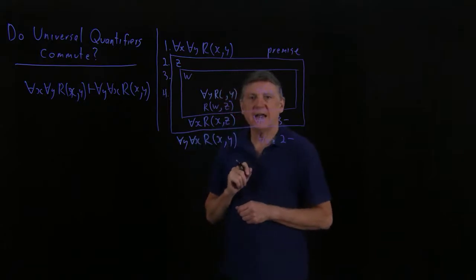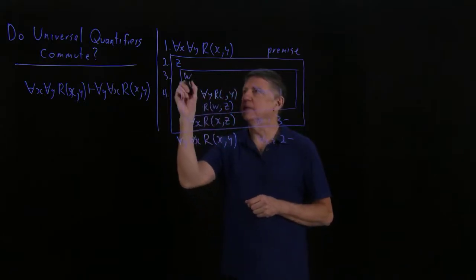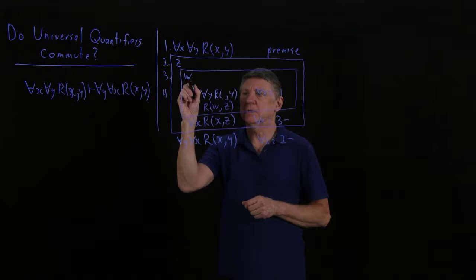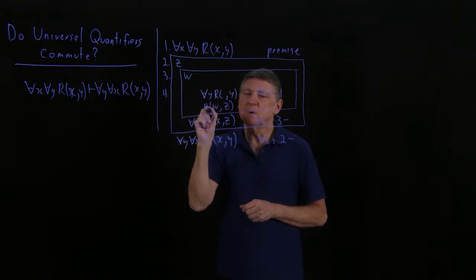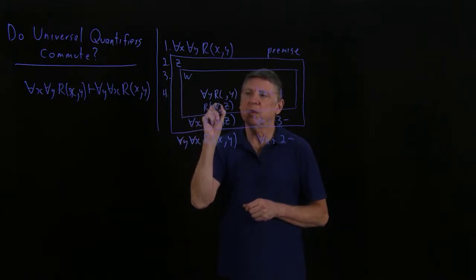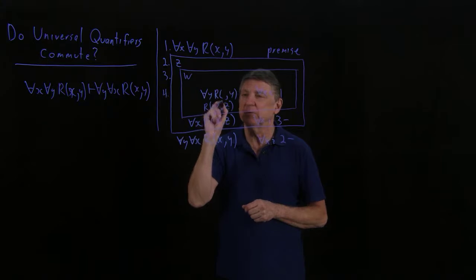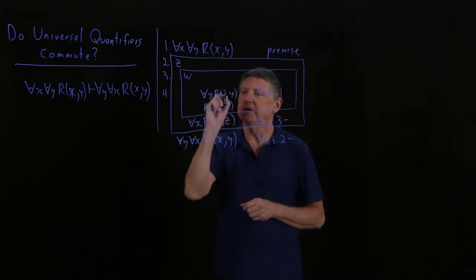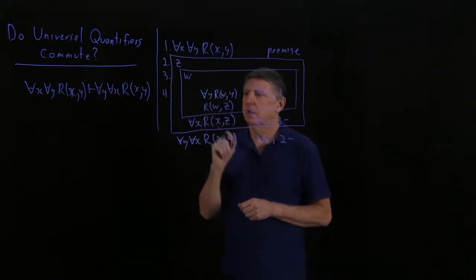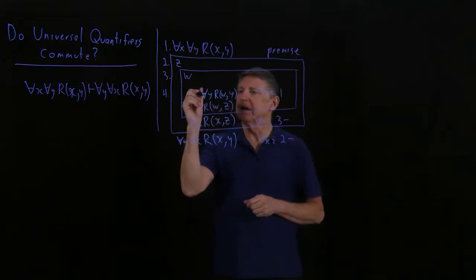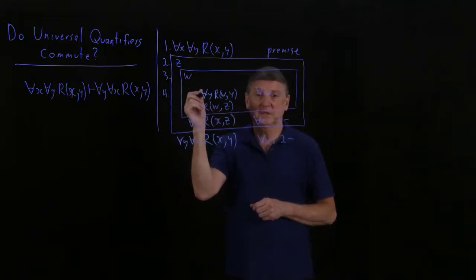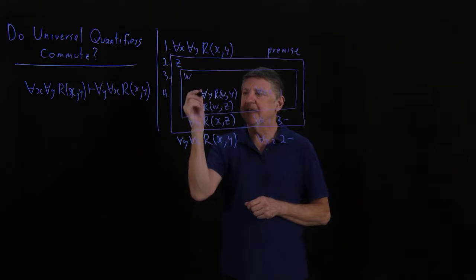So now I have a choice. Either I fill it in with z, or I fill it in with w. I look at my goal formula and I say, it would be useful if I had a w there. So I'm going to put w in. I then take a look at this line, which is the most recently introduced, and my goal formula, and say, how could I get from here to here?